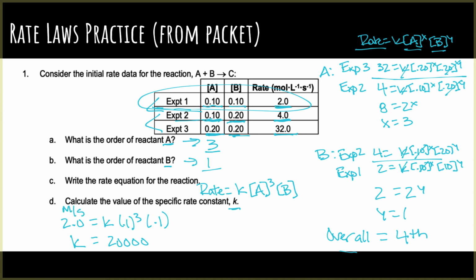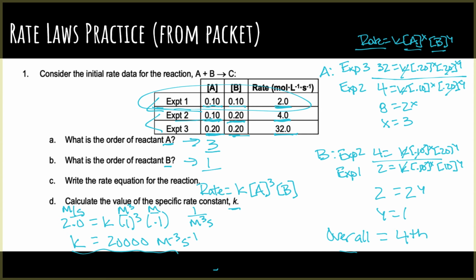This is molarity per second, equals molarity to the third times molarity, so molarity to the 4th. I end up with 1 over molarity to the 3rd seconds, or M to the -3, s to the -1. All I'm doing is mathematically calculating out the units like I did with the math. So that would be my k value.